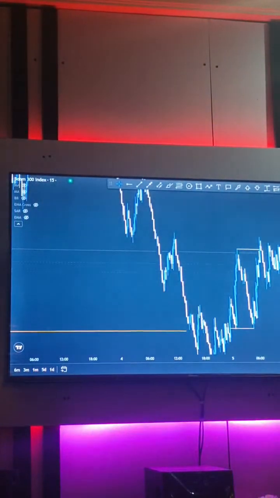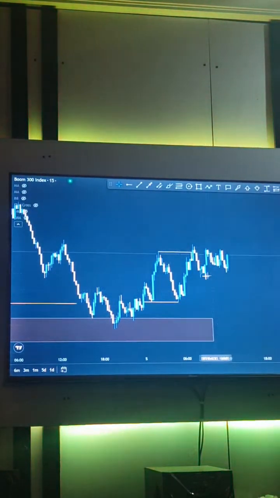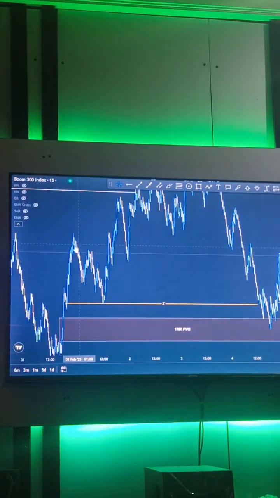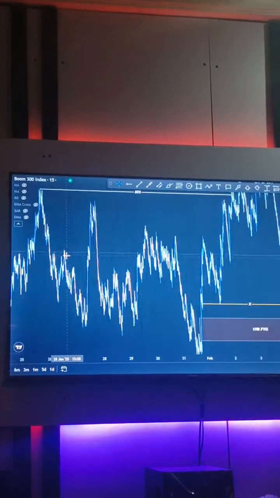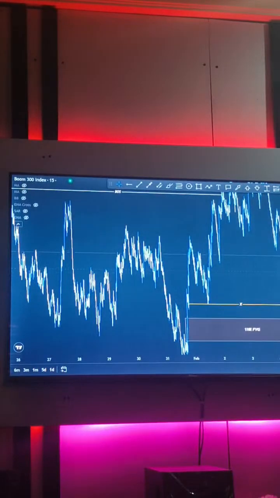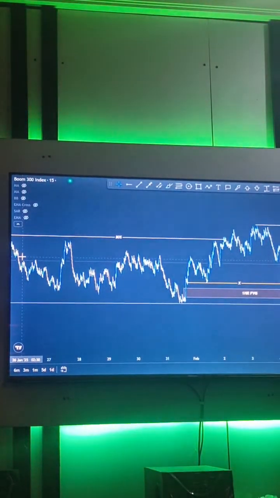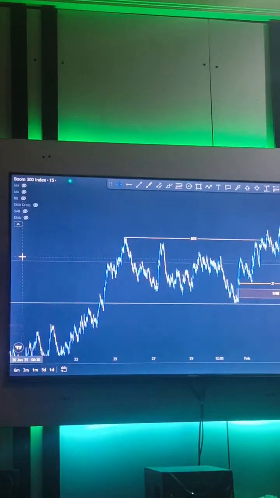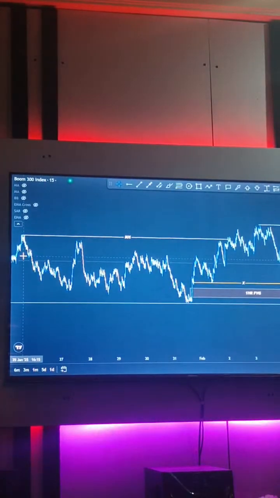Now the market is consolidating around this area for a while. If the market is consolidating around an area, make sure you look for a level of resistance. Maybe it might be a level of resistance. That's why the market is consolidating around that area.